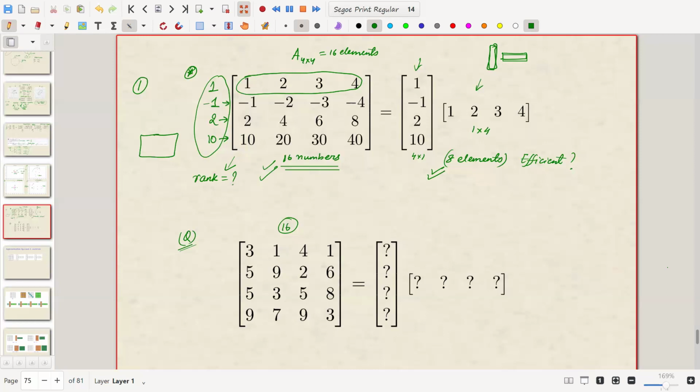Rank 0, I have not seen actually. Maybe do some search now. But I don't think rank 0 will be there. Rank 0 is very unusual. That means you are saying 0 linearly independent rows. Can a matrix have 0 linearly independent rows?